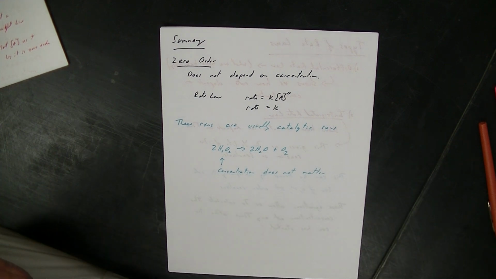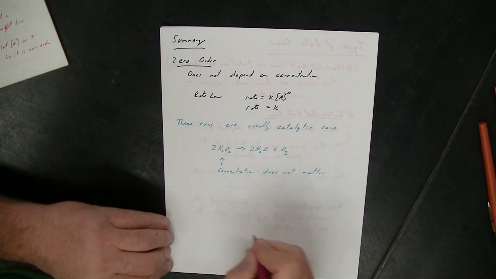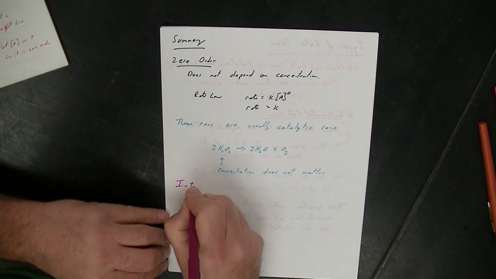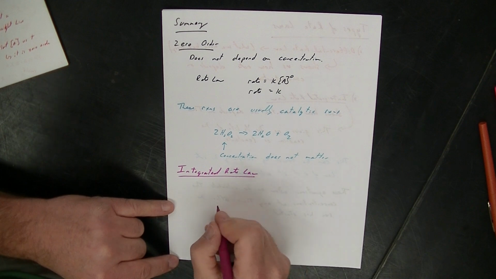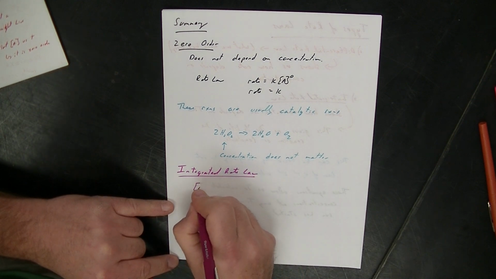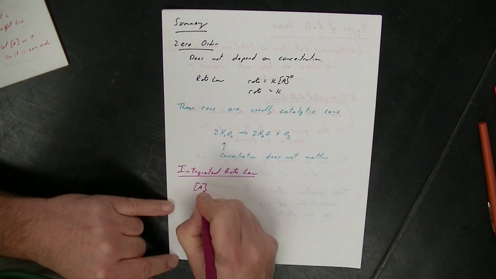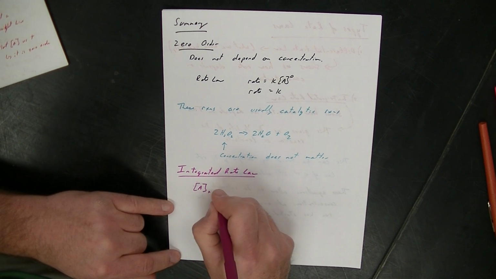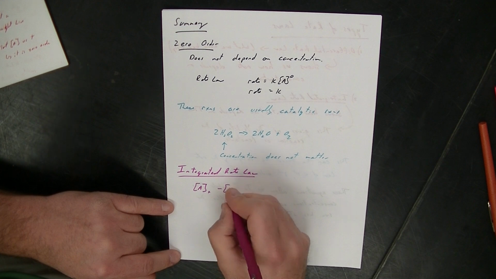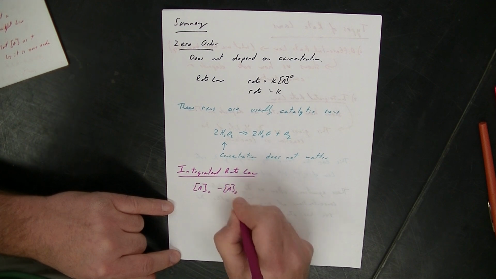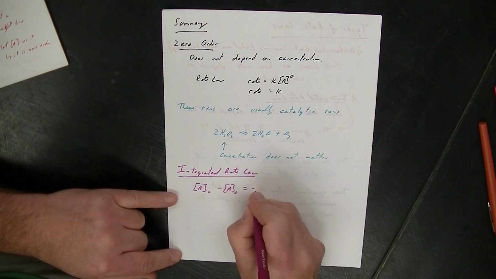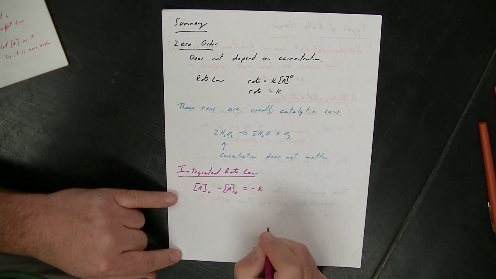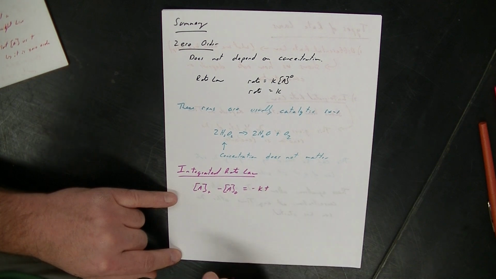So our integrated rate law would be this: the concentration of A at time t minus the concentration of A originally equals negative k times t.